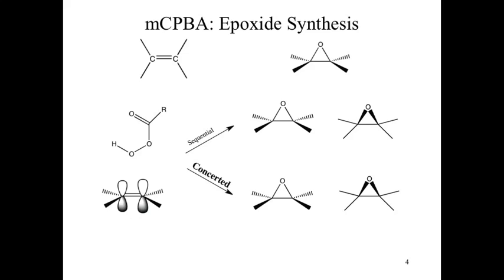So with our mCPBA, what that's standing for, I can write across the top here. It's a massive name, but we've got meta, which is a nomenclature thing that we haven't talked about yet. Meta chloro peroxy benzoic acid.